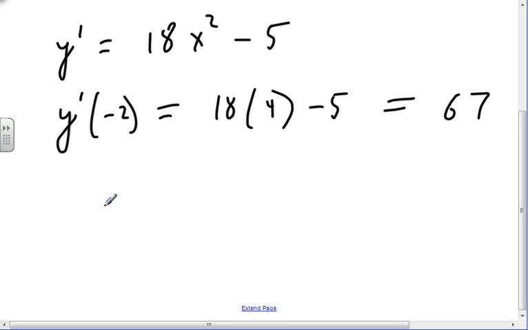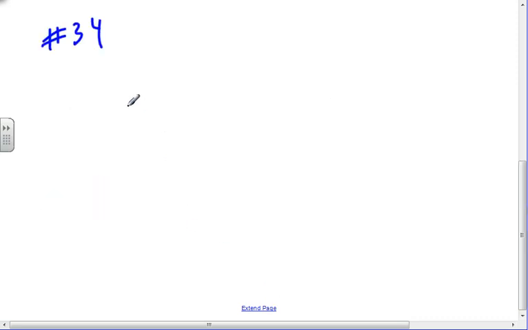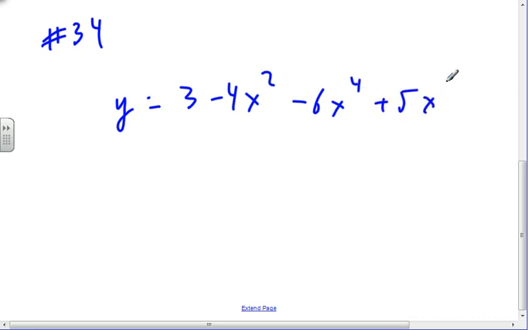All right, we'll try 34. No try though, Yoda doesn't let us just try. So we're going to do 34. Y is equal to 3 minus 4x squared minus 6x to the 4th plus 5x to the 9th, and we want it at minus 2.